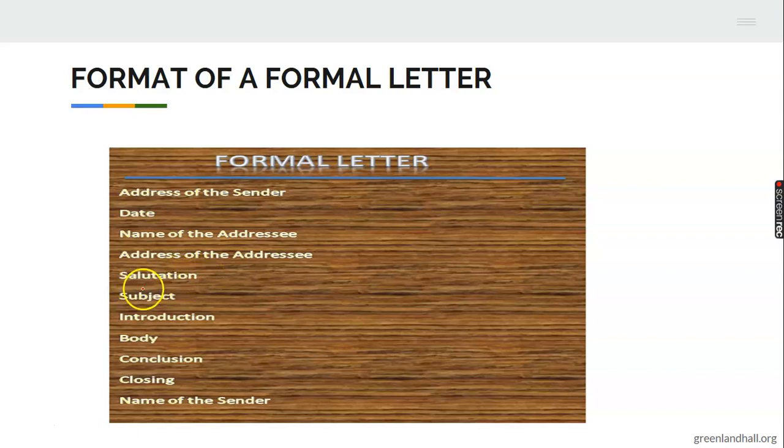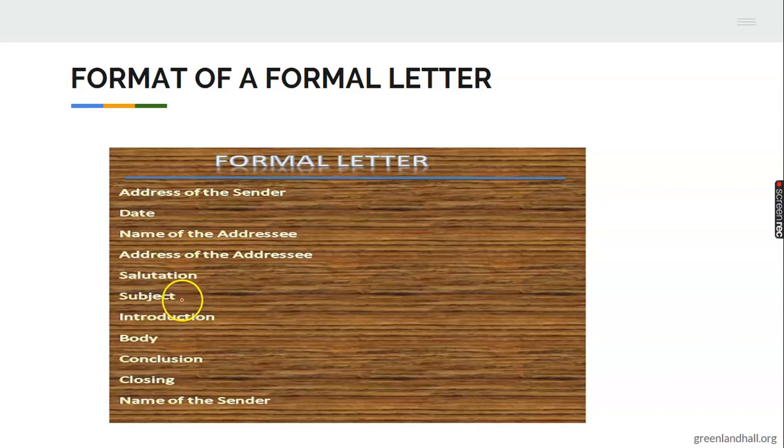So it's dear sir or dear madam. Then after the salutation, you come to the subject. Let me remind you that salutation must come immediately after the address of the receiver. A new paragraph must take the salutation.